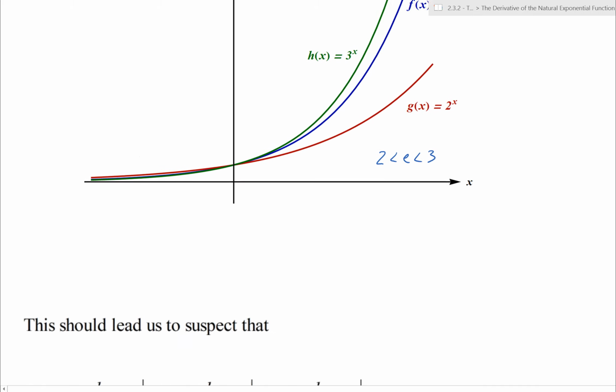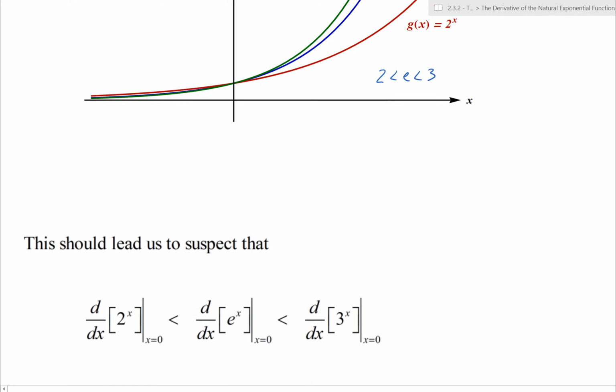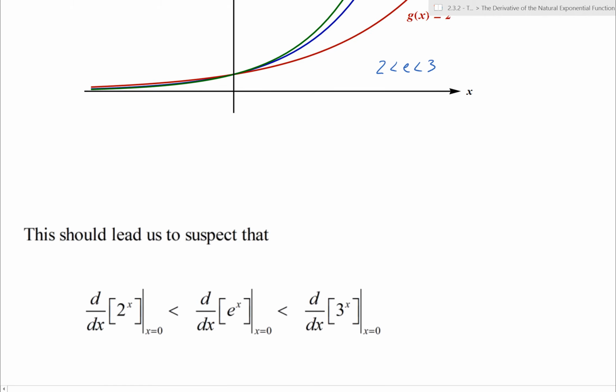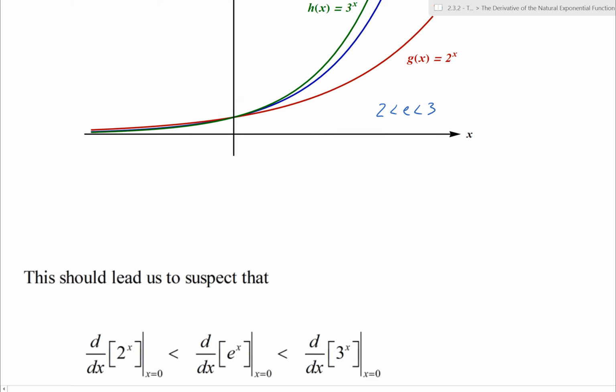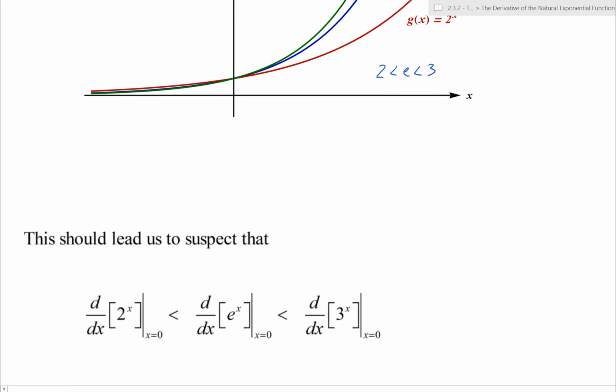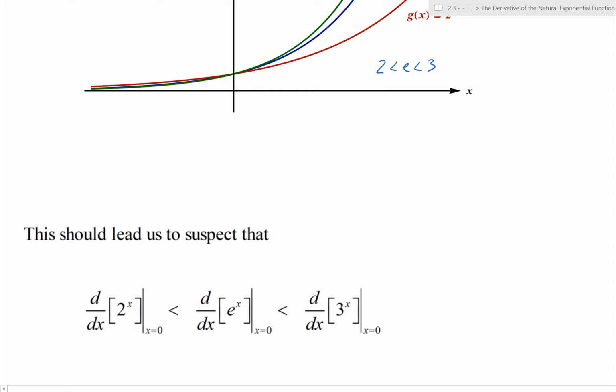So why am I saying that? Well, because if we then go look at the tangent line at x is 0, in other words, finding the slopes of these three different functions above at x is 0, then we should expect that the slope at 0 for 2 to the x is less than the slope of the function e to the x at 0, and that should be less than the slope of the function 3 to the x at 0 because of the reasons above.